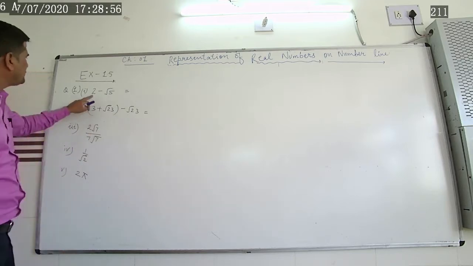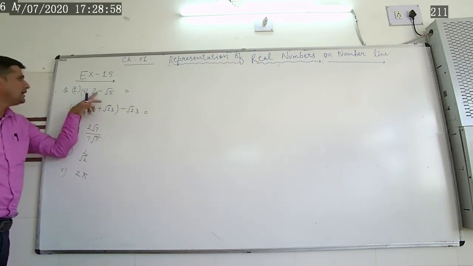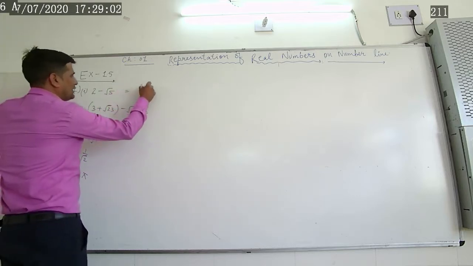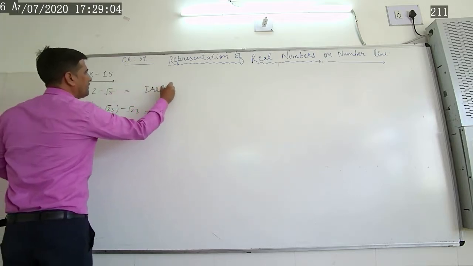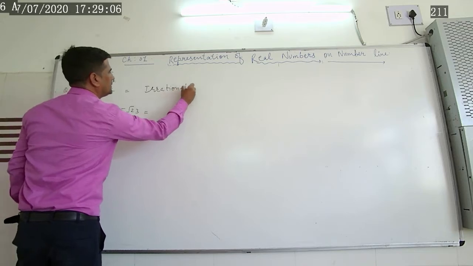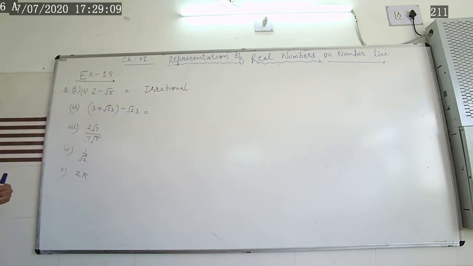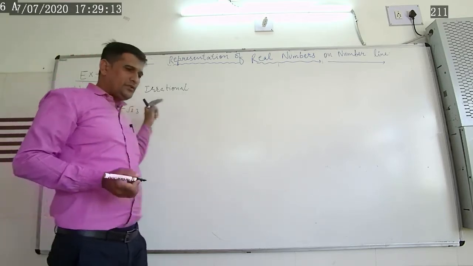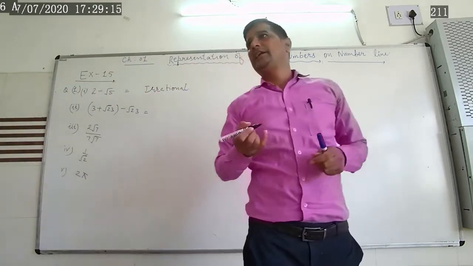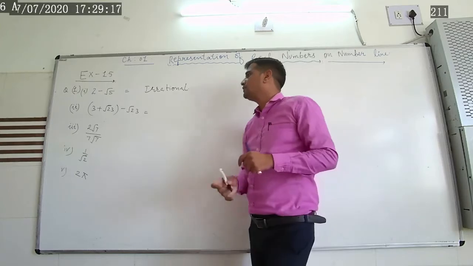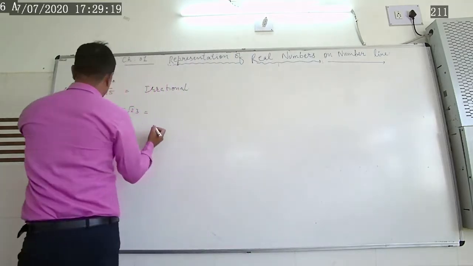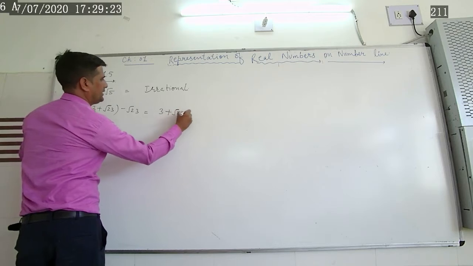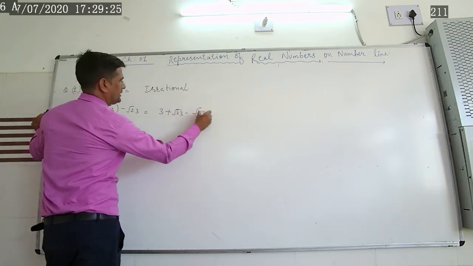So firstly I have to see that 2 is rational and under root 5 is irrational, so its answer will be irrational. Clear everybody? Because the difference of a rational and an irrational is irrational. Now the second: 3 plus under root 23 minus under root 23.